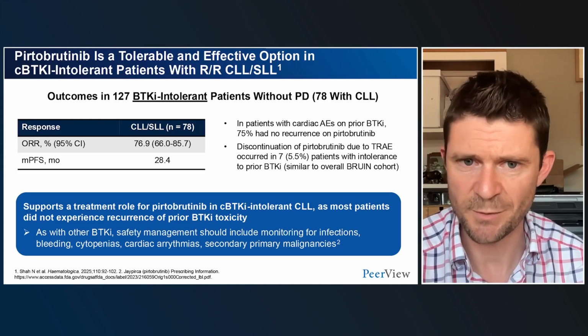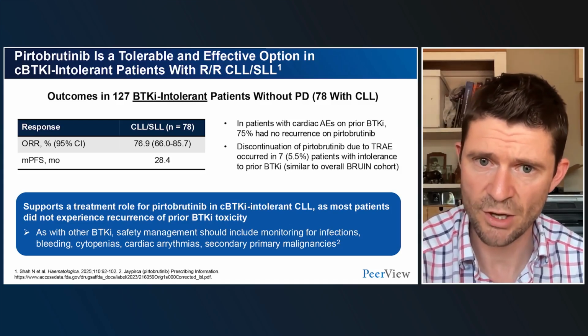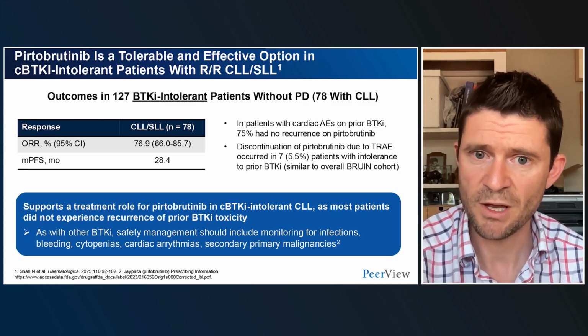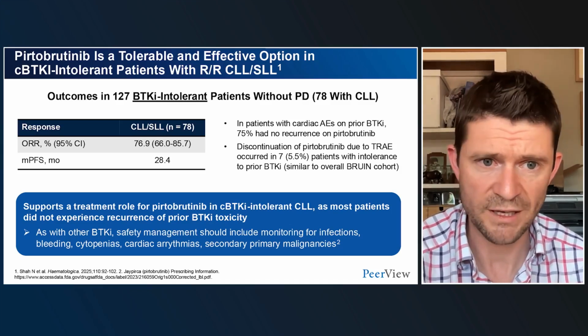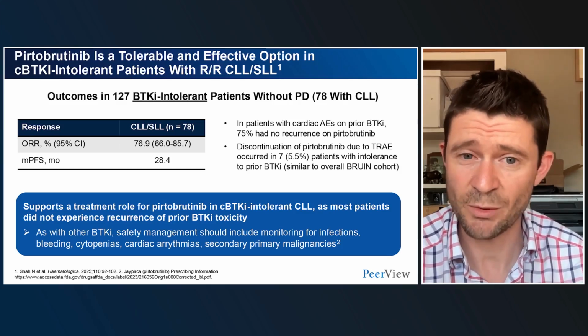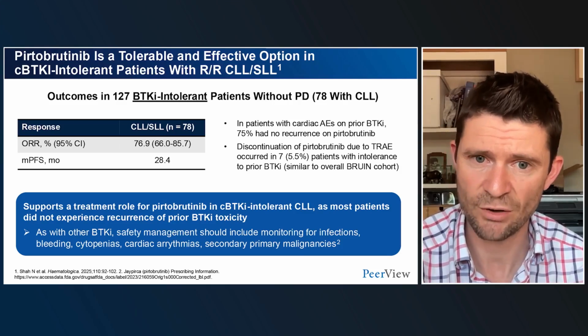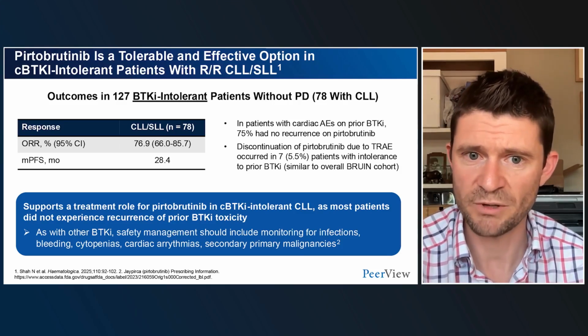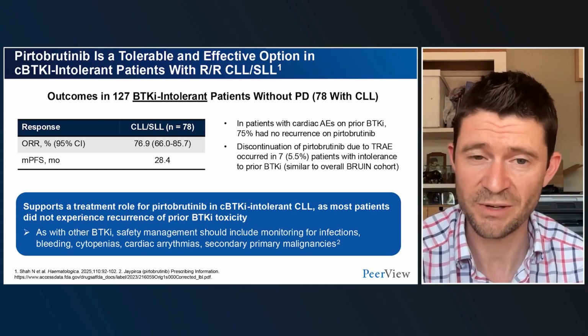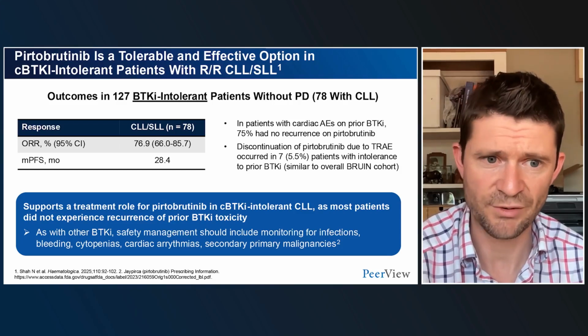So the aim of this sub-study was really to investigate whether those same adverse events recurred on pirtobrutinib and whether it could be well tolerated or not in that particular setting. And as you can see, the discontinuation rate of pirtobrutinib due to a treatment-related adverse event in this context was only 5.5%, so only 7 patients out of the 127 enrolled.